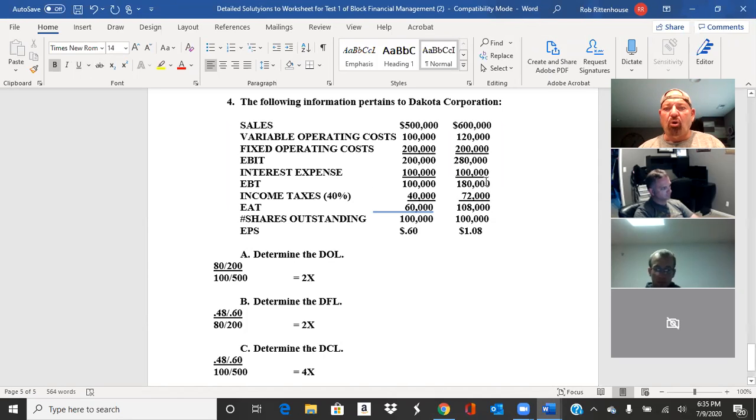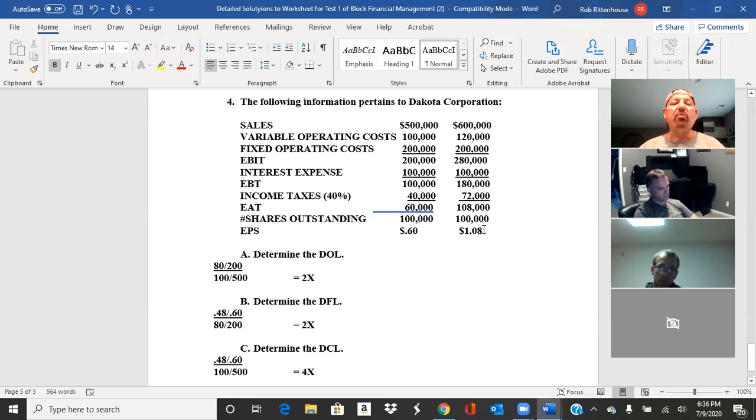And so subtract that from the 180 in earnings before taxes. Your earnings after taxes or net income then is $108,000. Divide that by the number of shares outstanding of 100,000, and that gives you $1.08 in earnings per share.